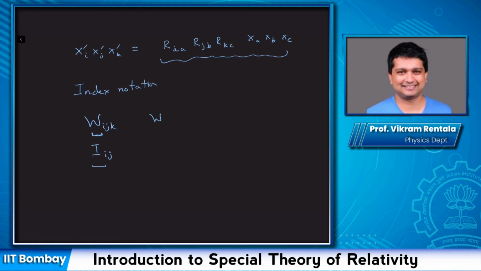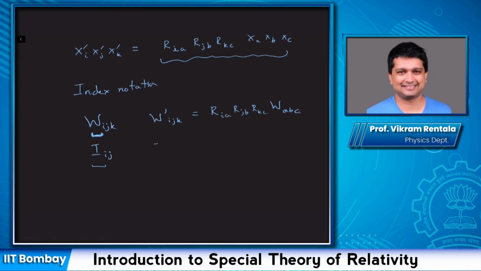That is, I don't know what this object is, or how to construct it from vectors, but I can tell you that the transformation rule for W' is that it's related to the 27 components of W by a law like this: R_ia R_jb R_kc, where there's a summation over a, b, c.